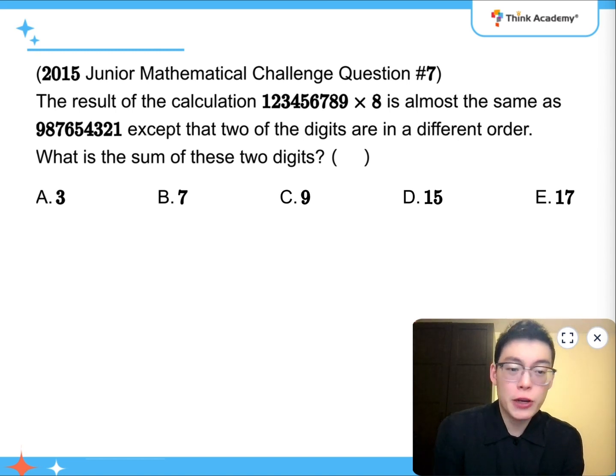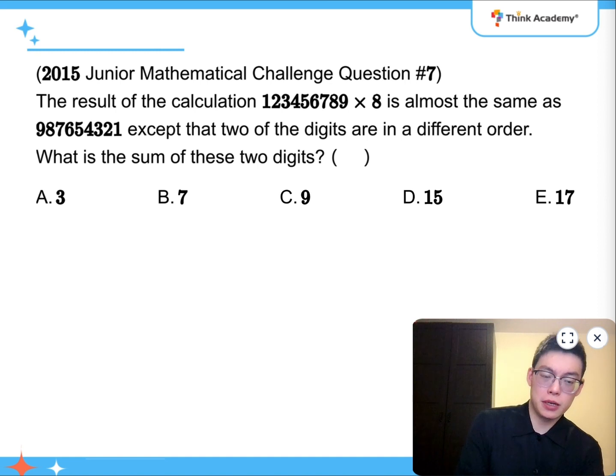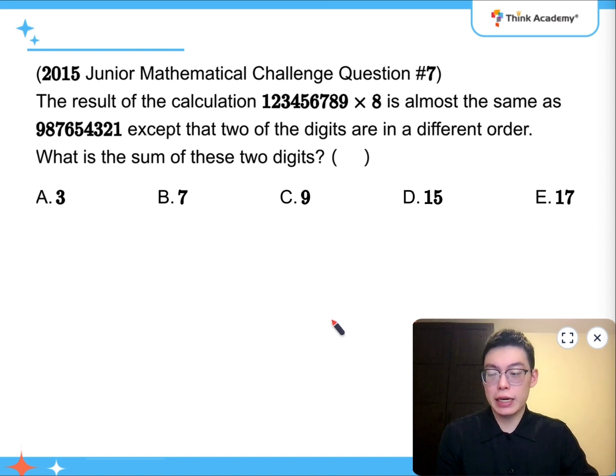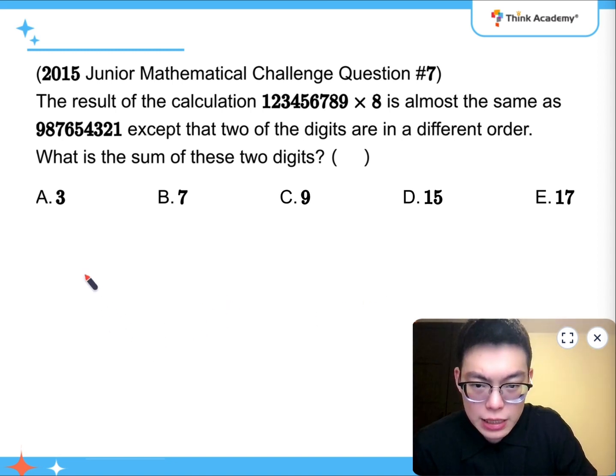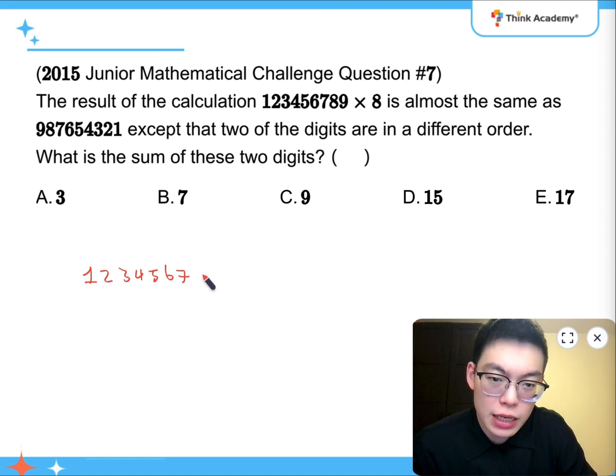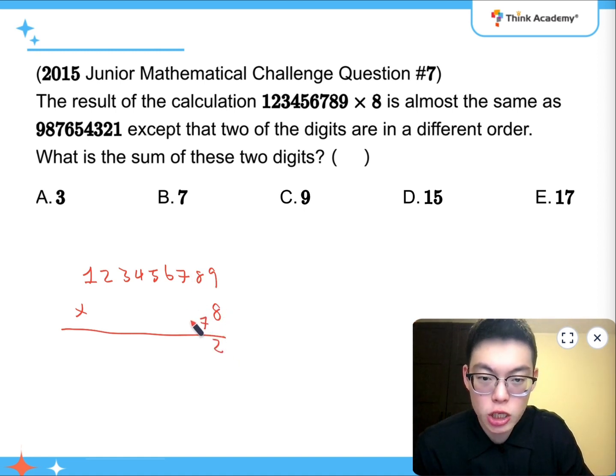And if you're thinking about any hard ways of doing it, forget about it. You can just simply do the multiplication to find out, right? And once you start doing it, you will realize that 1, 2, 3, 4, 5, 6, 7, 8, 9 multiplied by 8: 8 times 9 is 72, carry over 7. 8 times 8 is 64, adding 7, that's 71.